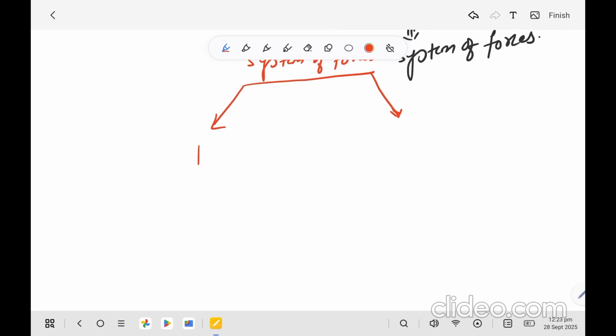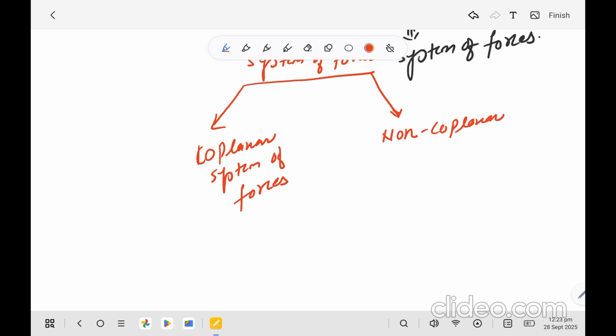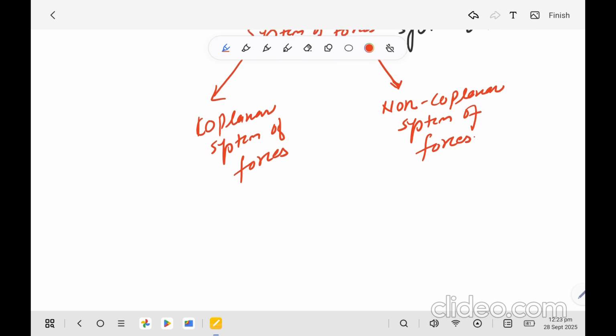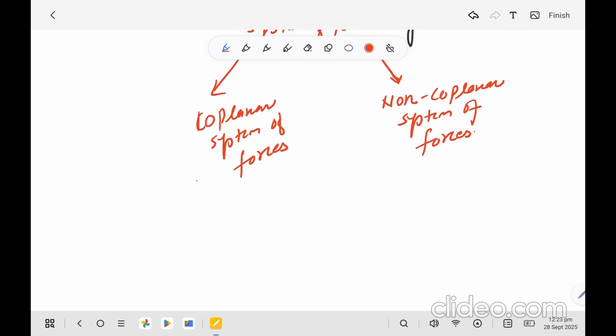One is coplanar system of forces and the second one is non-coplanar system of forces. Okay, so I will discuss the coplanar system of forces first and later I will discuss the non-coplanar system of forces acting on a body or massive object.